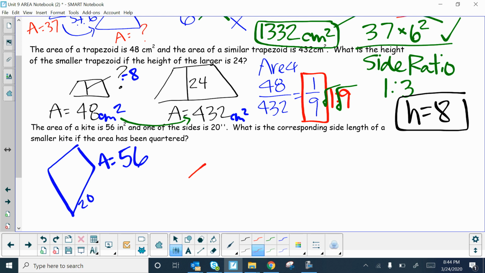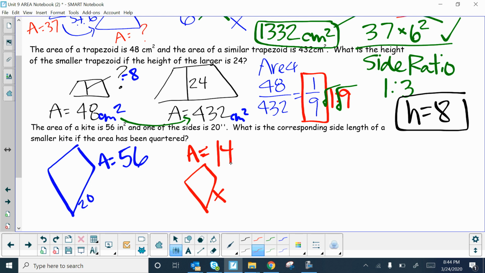So now we're dealing with a baby kite, and we want to know what that is. So I'm going to put x because that's 20. And it says the area of this one got quartered. So what's 1/4 of 56? Does 4 go into 56? Yes, it does. So this area is 14.